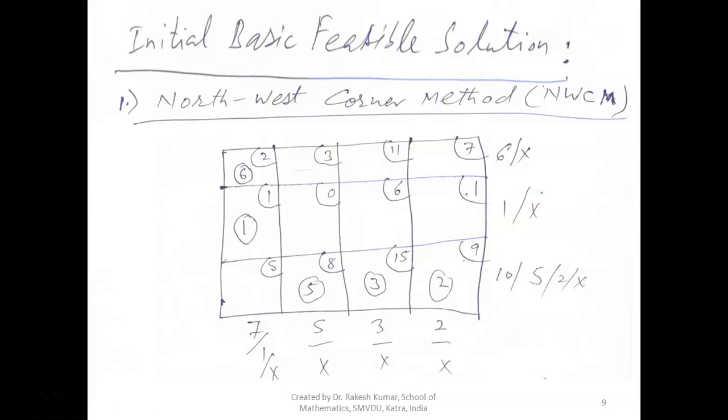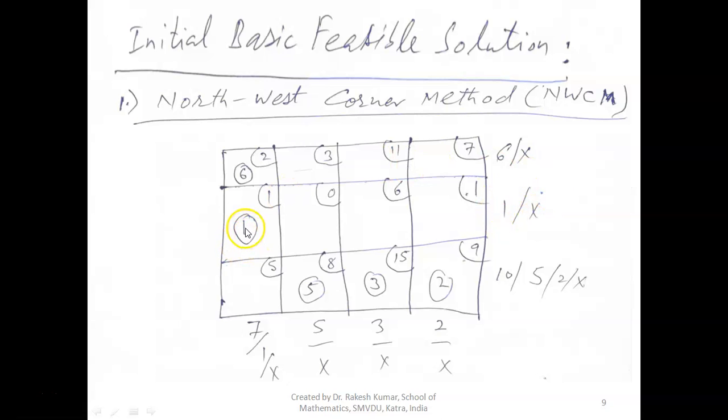Now in this cell, take the minimum of supply and demand at supply center 2 and demand center 1. Here 1 is demanded and 1 is available, so these values are equal.